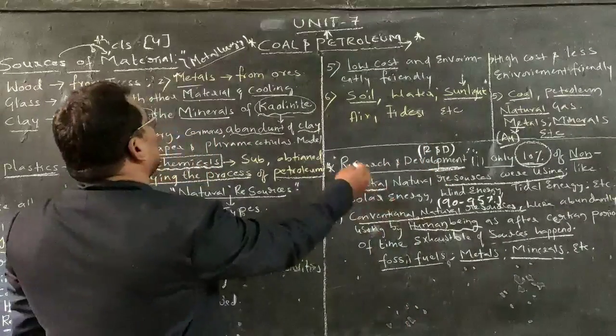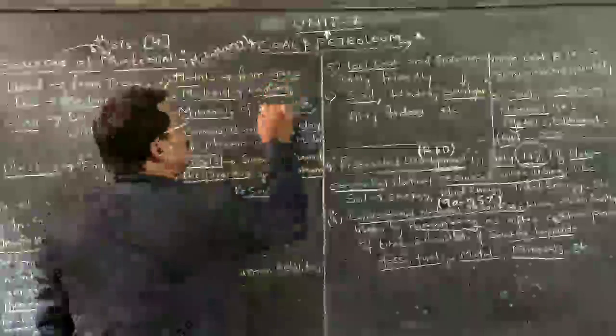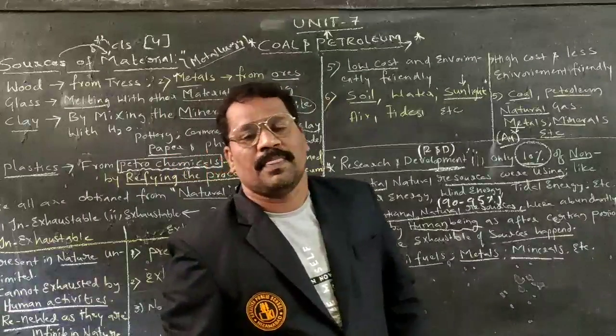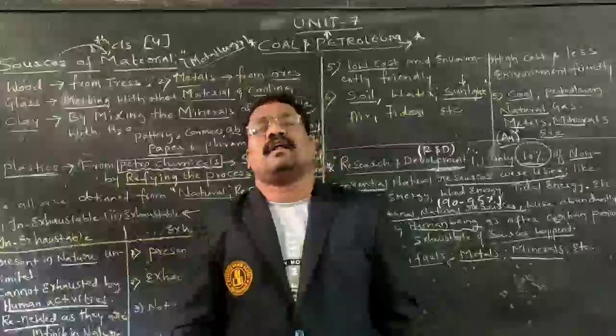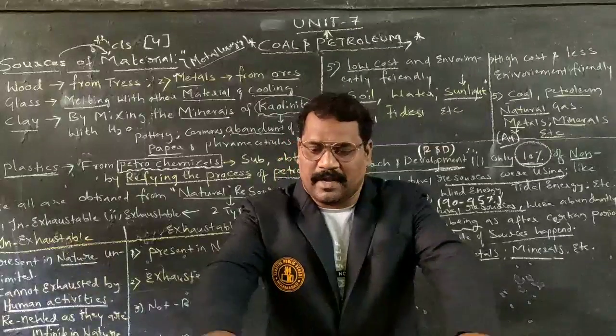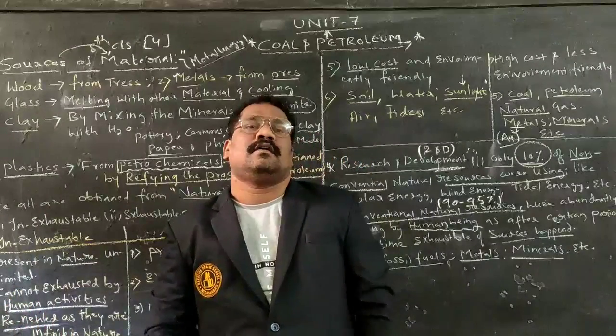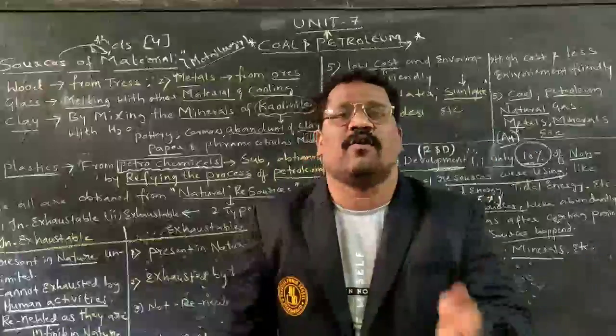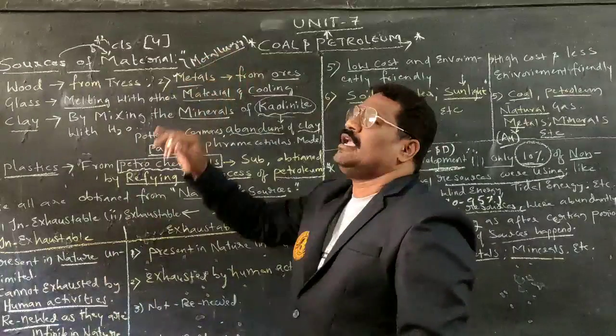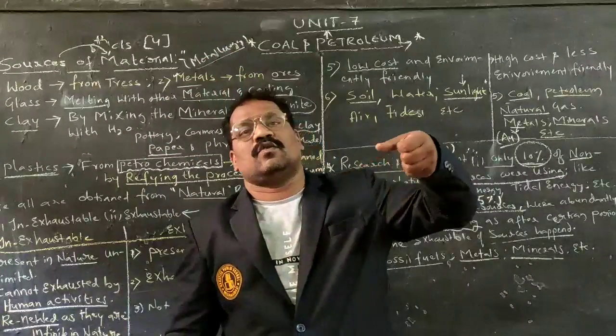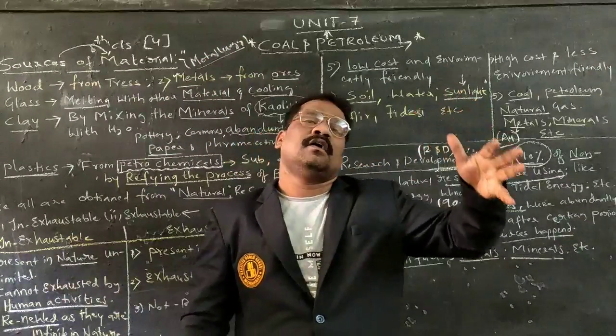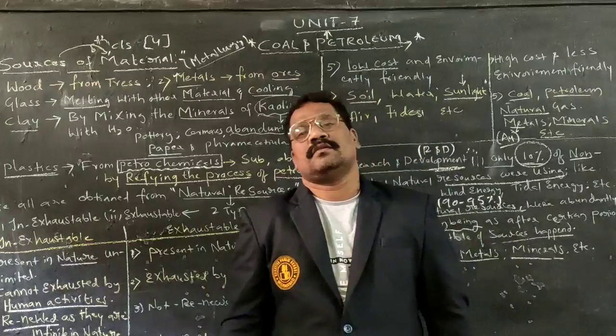From where can we extract these metals? They can be extracted from ores. Where can these ores be found? They can be obtained within the earth's crust. By using a process called metallurgy, we can extract these metals from the ores.